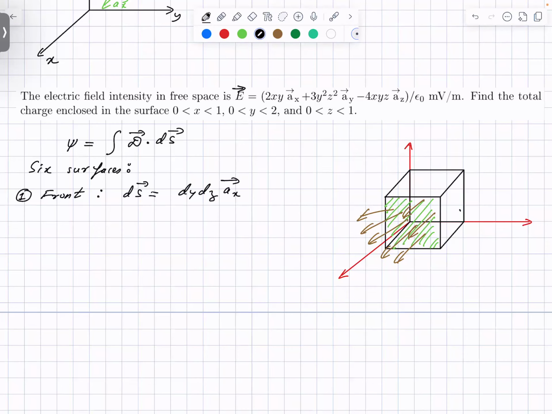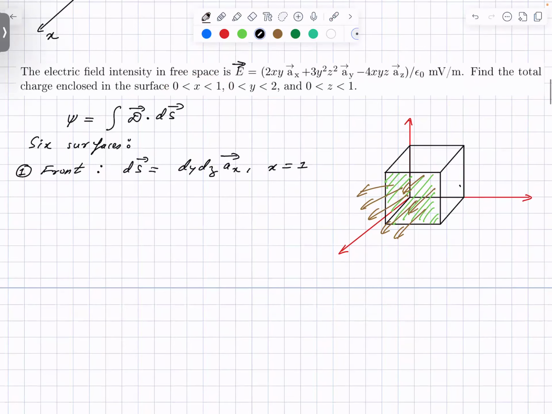And if we're considering the front surface, remember the total x varies from 0 to 1. So in the front, x will be equal to 1. In the back, x will be equal to 0. Since we are talking about the front surface, we know that x has to be equal to 1 for this surface.